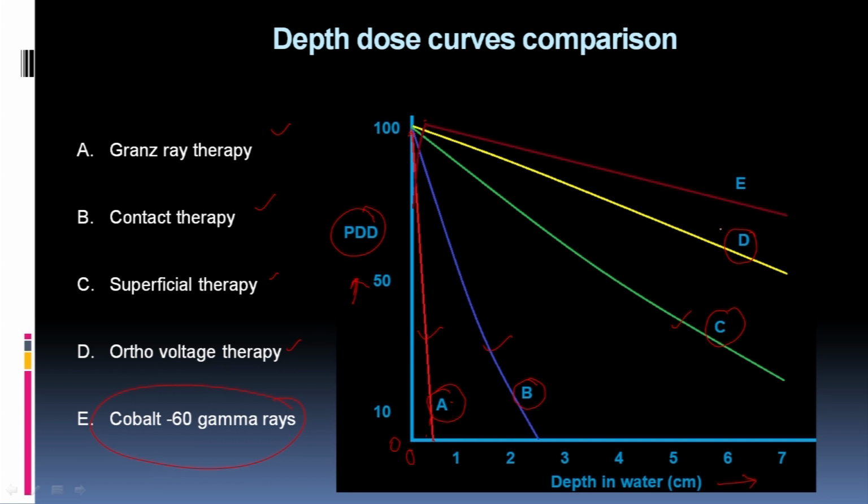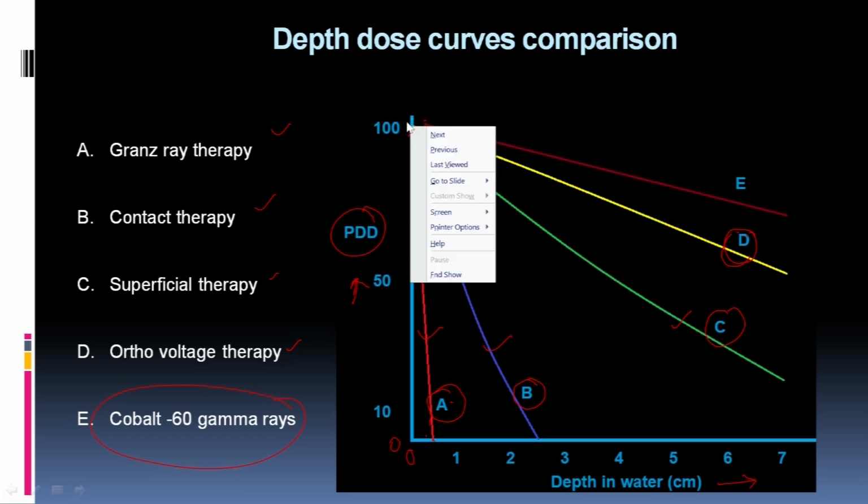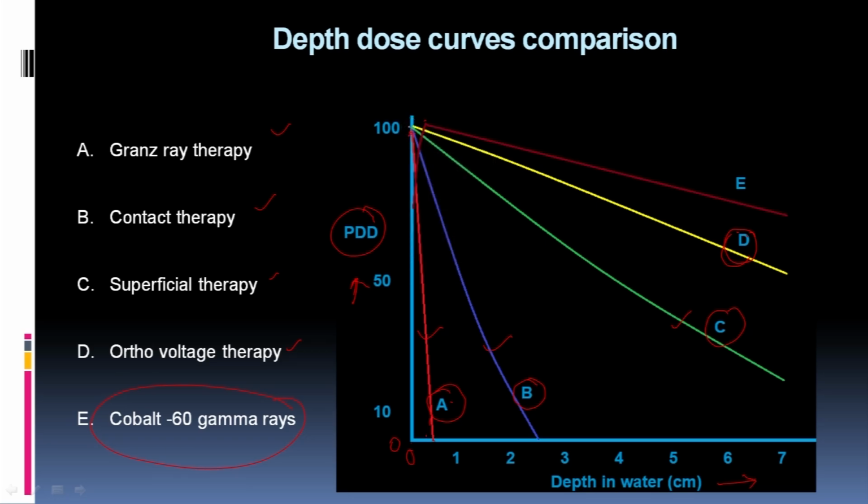And D is the orthovoltage therapy, where it starts from 0, and its dose falloff is lesser than all these previous 3 kilovoltage units.